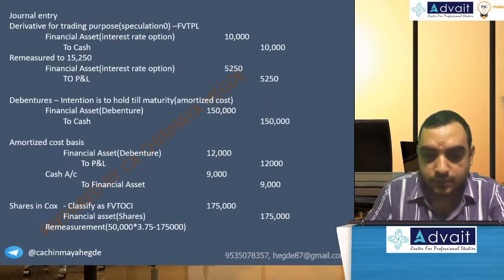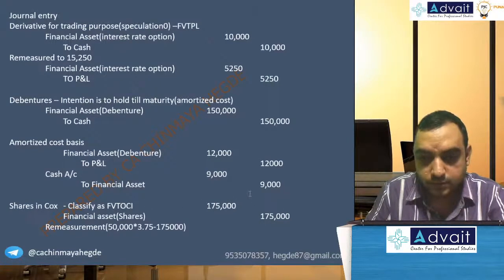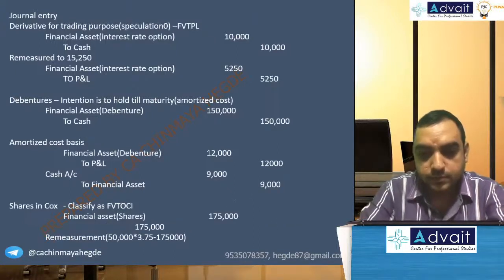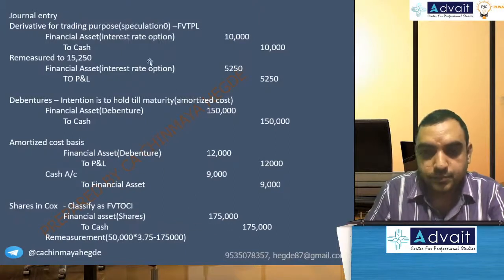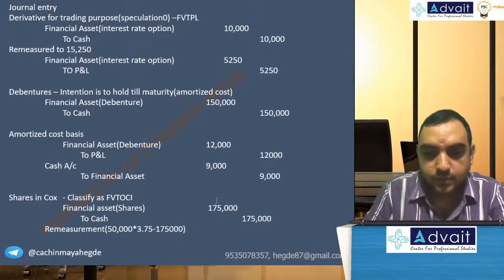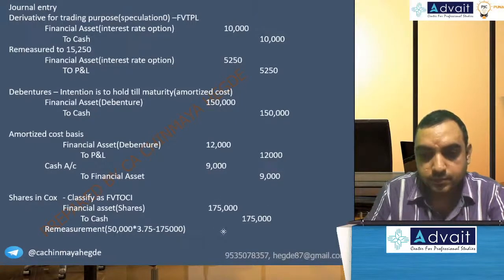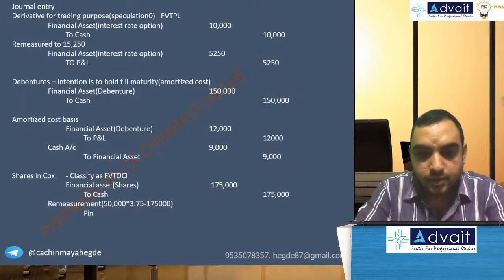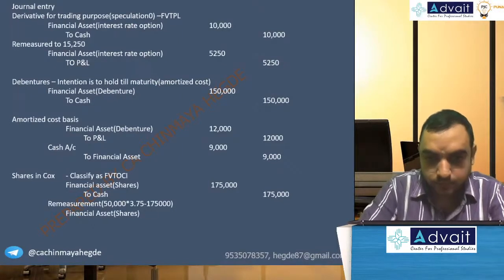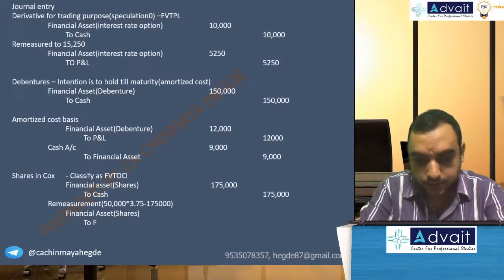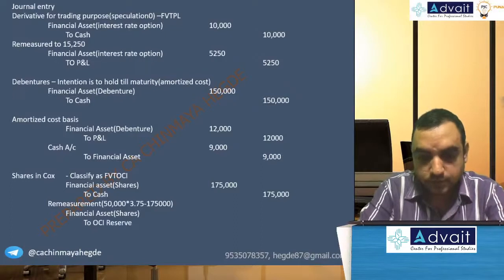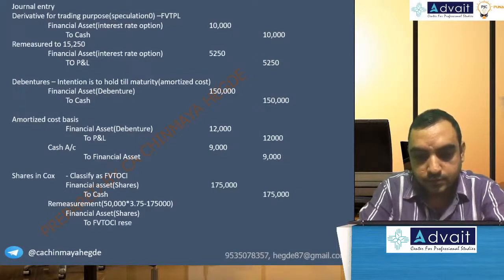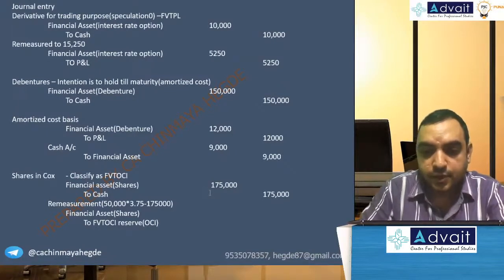That is, debit financial assets, credit FVTOCI reserve, we go to OCI, 12,500.